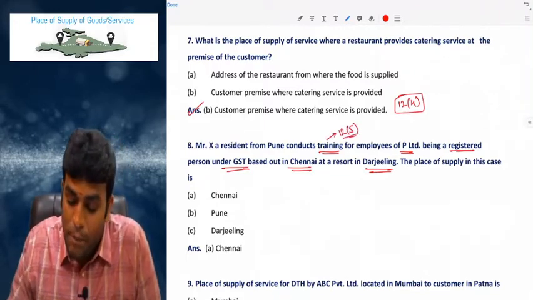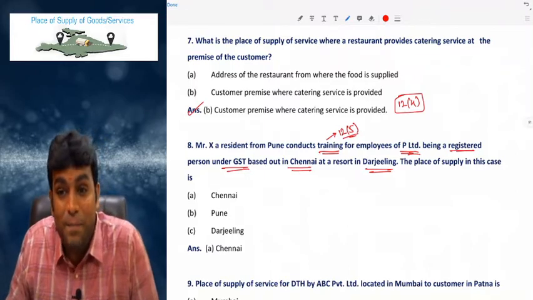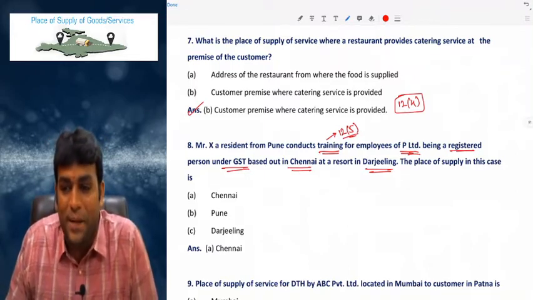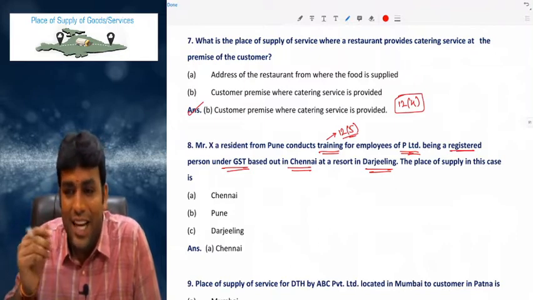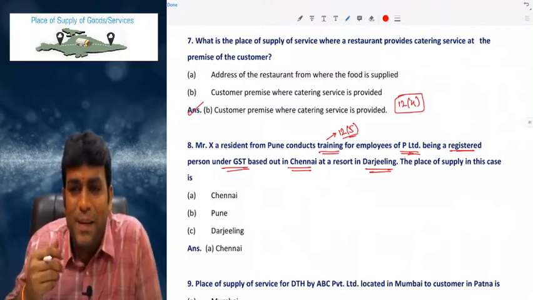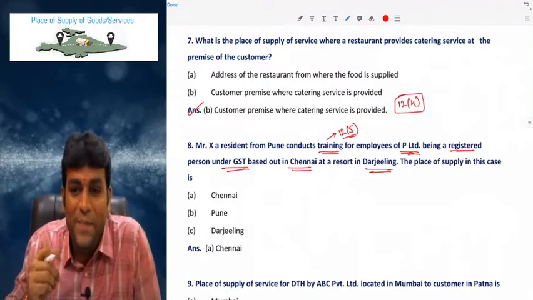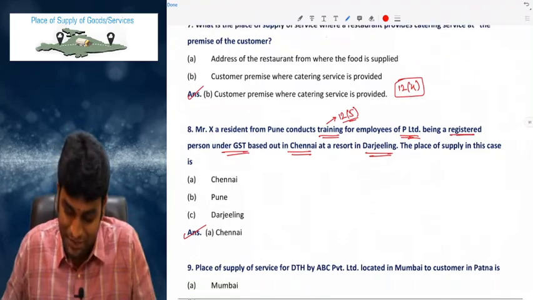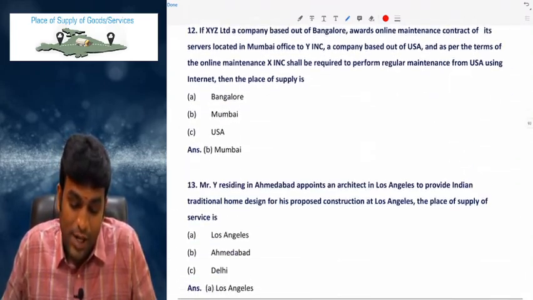That means the event is done in Darjeeling. So what? The receiver is a registered person. And where is the registered person? He is registered in Chennai. So place of supply is obviously Chennai. Good.